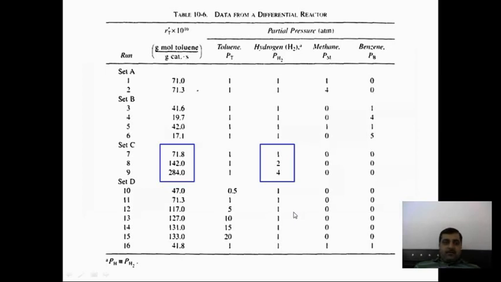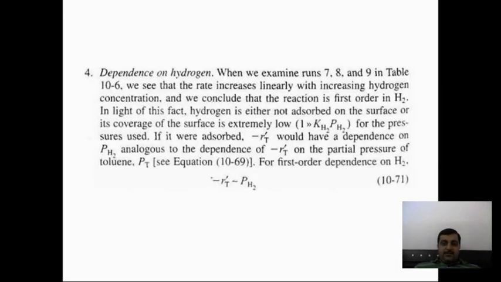Let's go on to the final part where hydrogen is there. If you look at hydrogen, it is 71 at 1. For doubling, it becomes double. For fourfold, it became fourfold. It suggests that it is directly dependent on the pressure of hydrogen. So there is a direct relation. So our rate is going to follow a first order dependence on hydrogen.